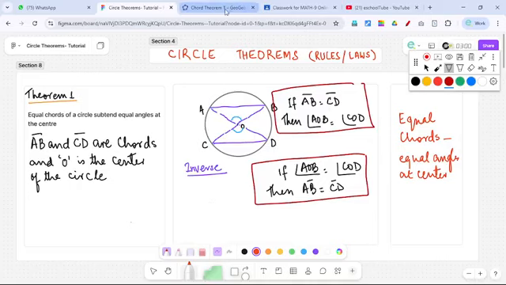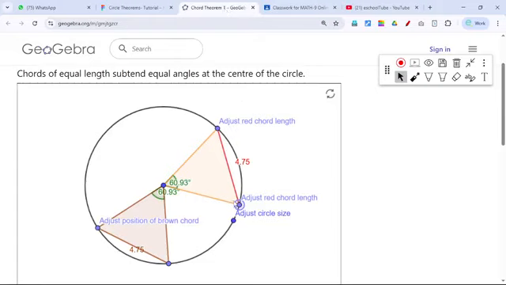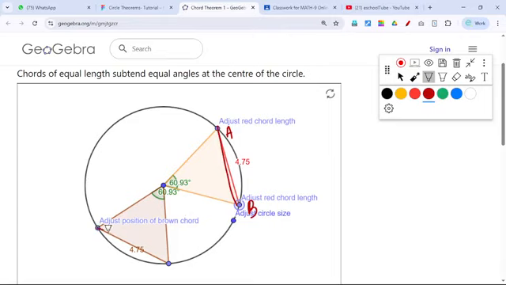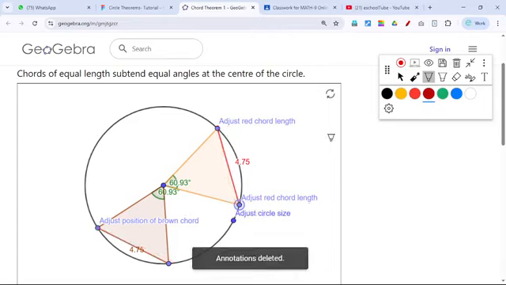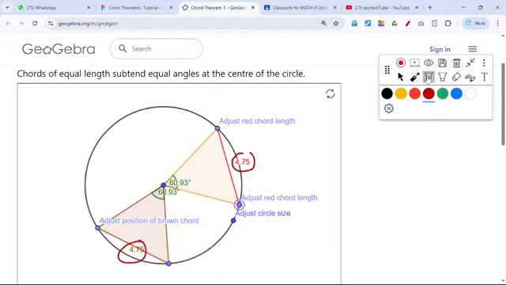Just to give you an explanation, let us see an example given by GeoGebra. In this circle there are two chords. Let's call this chord AB and this chord CD. If you observe, both are 4.75 centimeters, so they are equal.